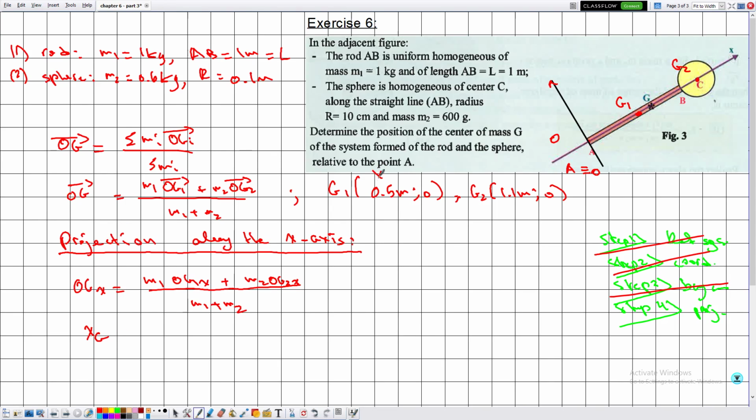Let's say that this is x1, y1, x2, y2. xg is equal to m1 x1 plus m2 x2 divided by m1 plus m2. Now the value of m1 is 1, the value of x1 is 0.5, plus m2, which is 0.6, and x2 is 1.1, divided by the masses, which are 1 plus 0.6.